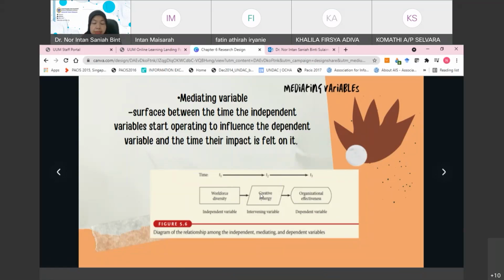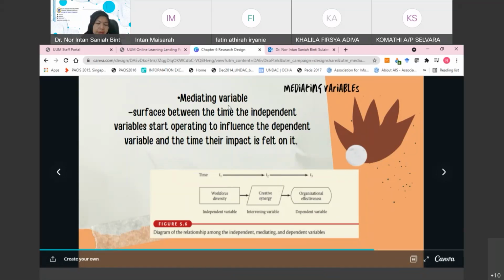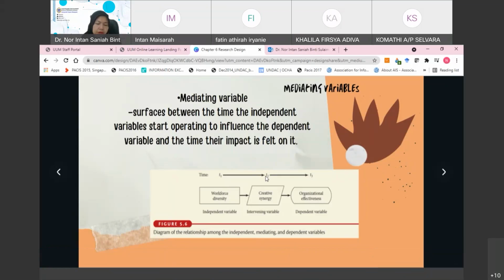Creative synergy, which is considered a mediating variable here, surfaces at time T2 as a function of workforce diversity, which was in place at time T1, to bring about organizational effectiveness at time T3, like a mathematical rule. So this mediating variable of creative synergy helps us conceptualize and understand how workforce diversity brings about organizational effectiveness.